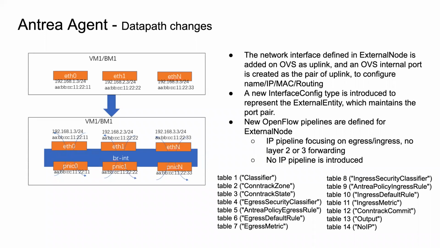Yeah, it is an internal port, but actually I think the Antrea agent should maintain it. I mean that if we want to use a namespace to configure the network interface with the same name, we should require other processes to go into that namespace.